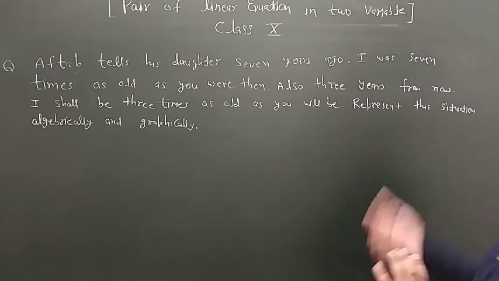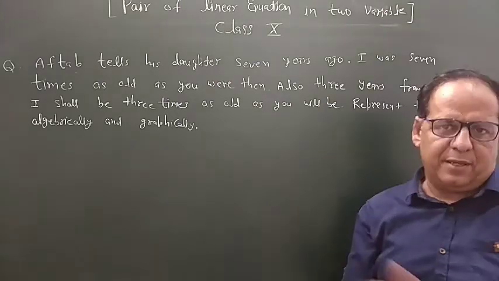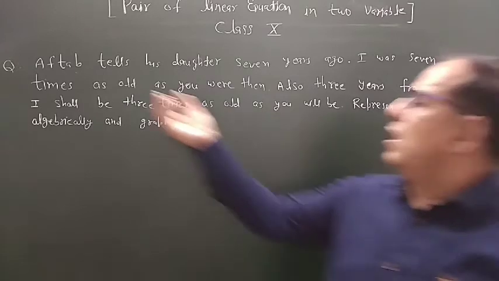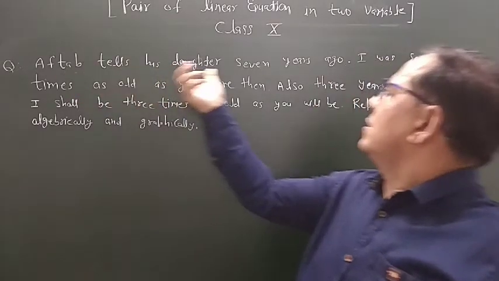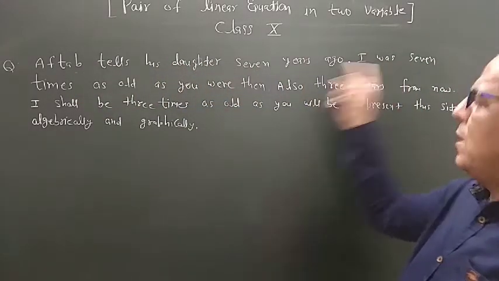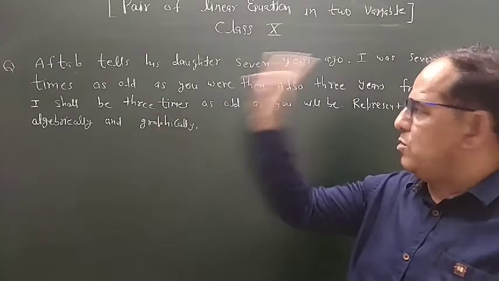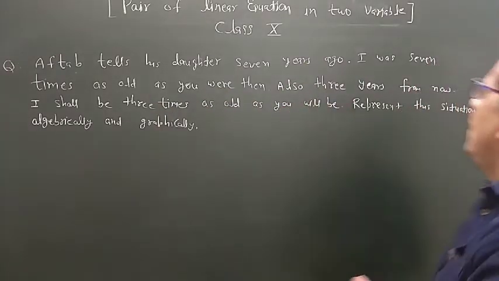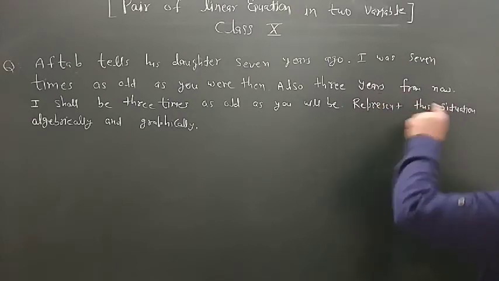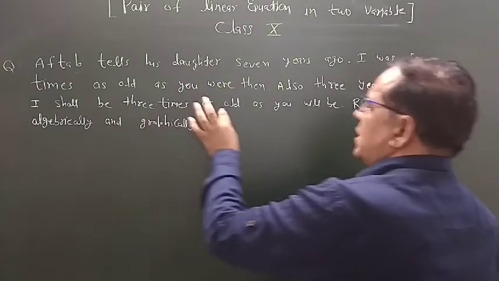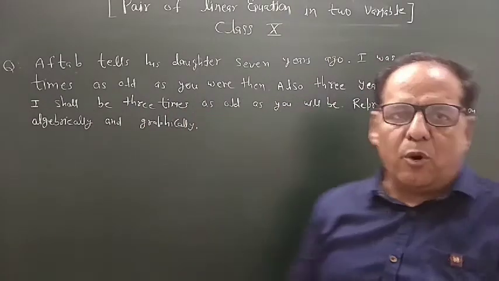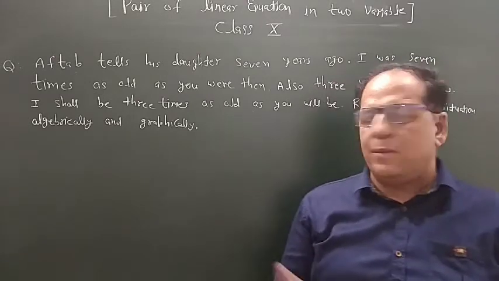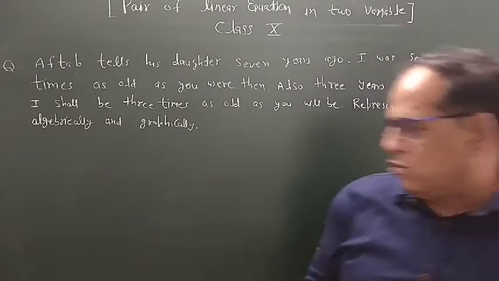Represent this situation algebraically and graphically. So in this question, Aftab tells his daughter, 7 years ago I was 7 times as old as you, and 3 years from now I shall be 3 times as old as you. First we want to form the linear equations in two variables according to this data. So now start this.